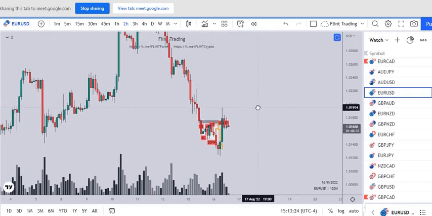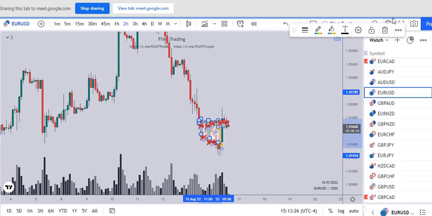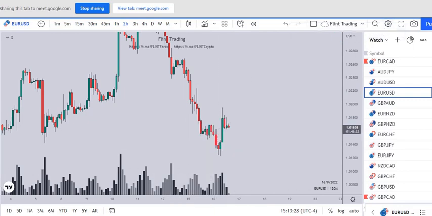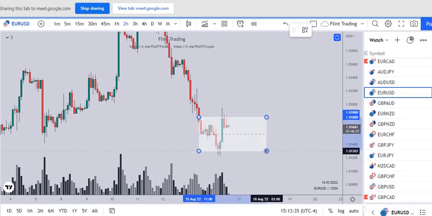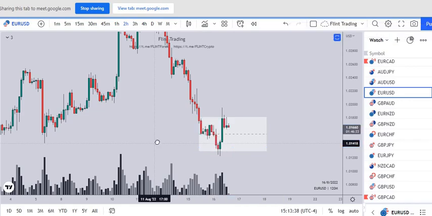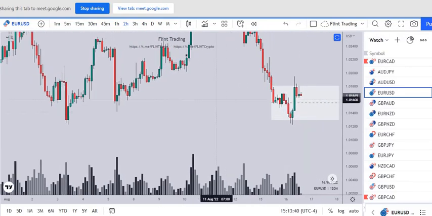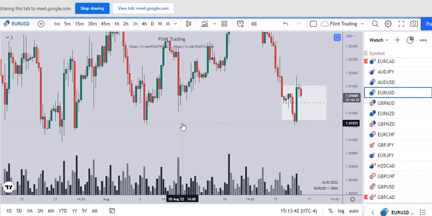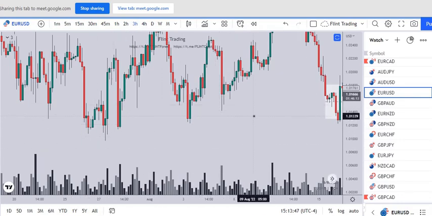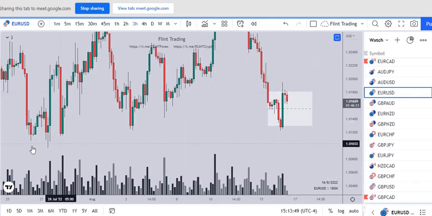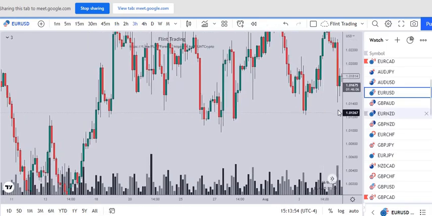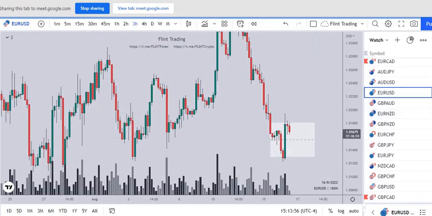So maybe if I just remove that, this right there is more likely another bigger consolidation which is unfolding right now. These are all equal lows. These are all liquidity points right there. So I would be expecting price to grab all the way to this region, and it comes down all the way to this region. So I'm gonna be showing EUR/USD.